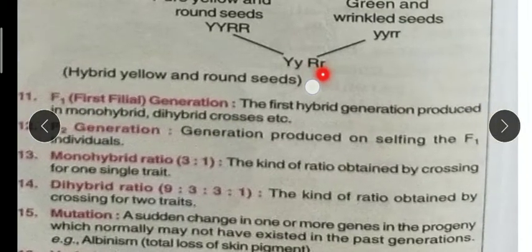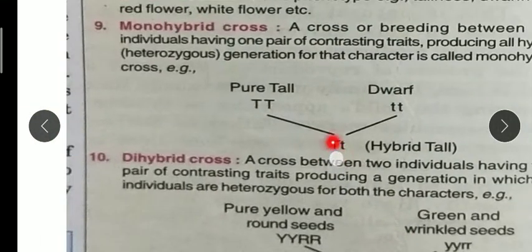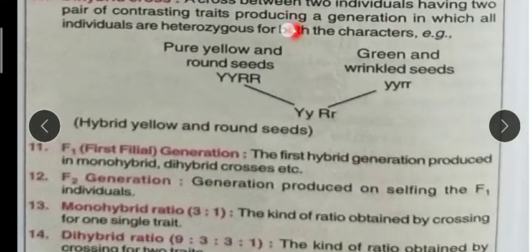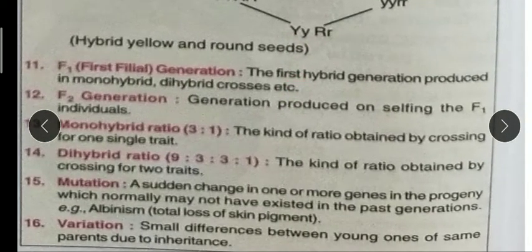In the monohybrid this is the F1 generation, and this is also the F1 generation. Now the F2 generation is produced on selfing, when the F1 generation of the monohybrid and dihybrid does further hybridization. The generation produced on selfing the F1 individual is called the F2 generation.